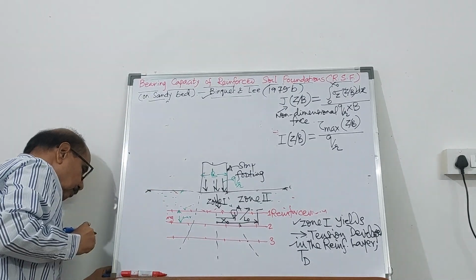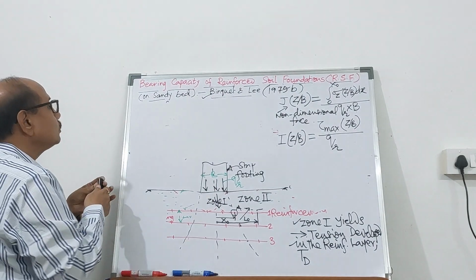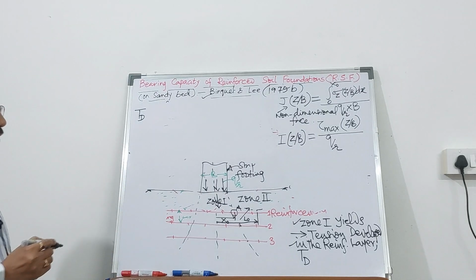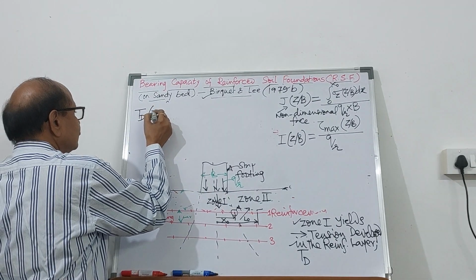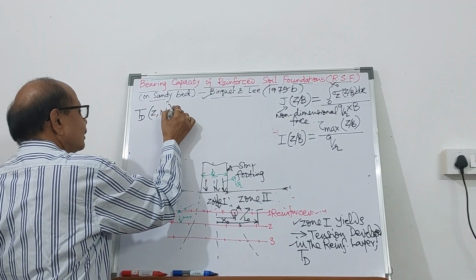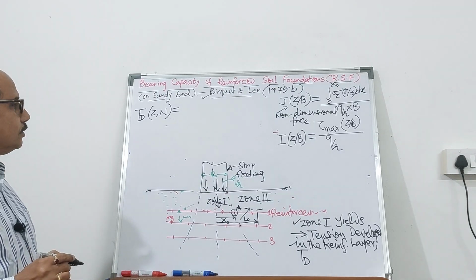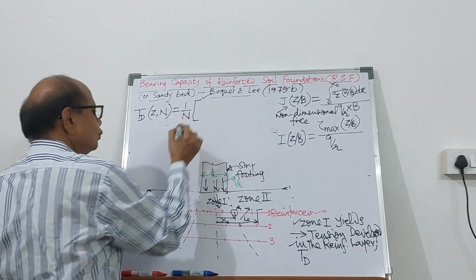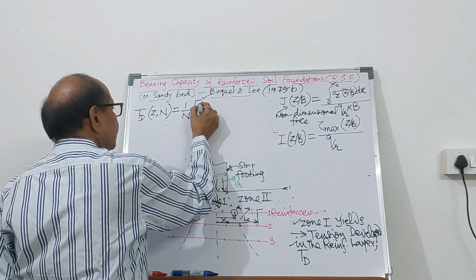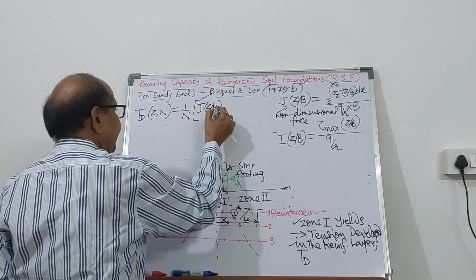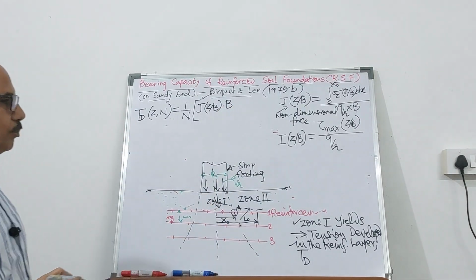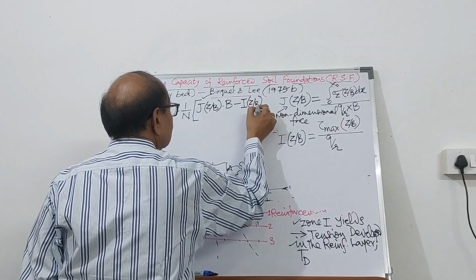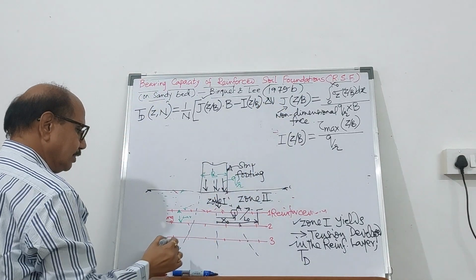Friends, the tension developed, TD, for any depth, you can calculate for the given number of reinforcing layers N, is given by Binquet and Lee as 1 upon N into J into B, B is the width of the footing, minus I into delta V. What is delta V?